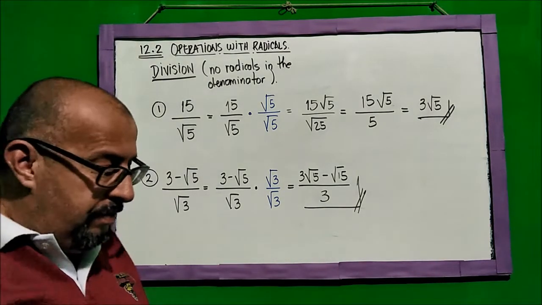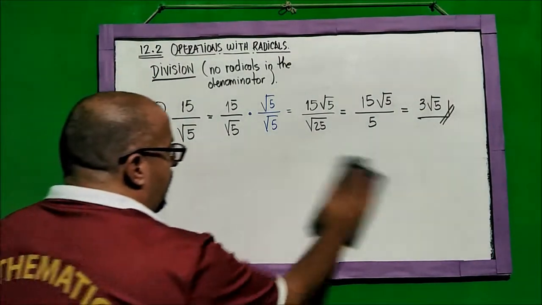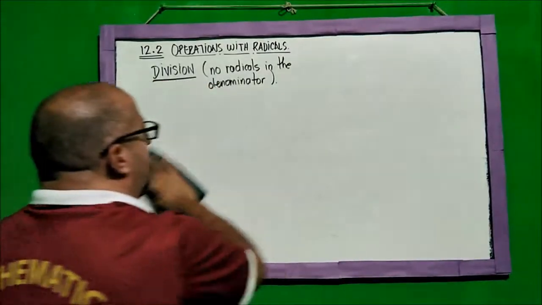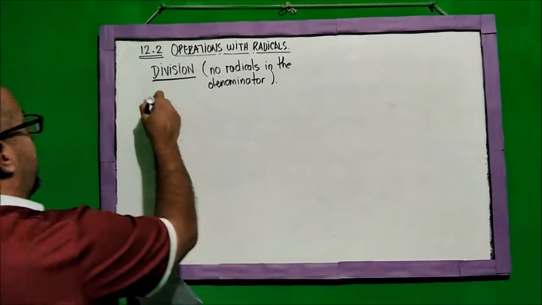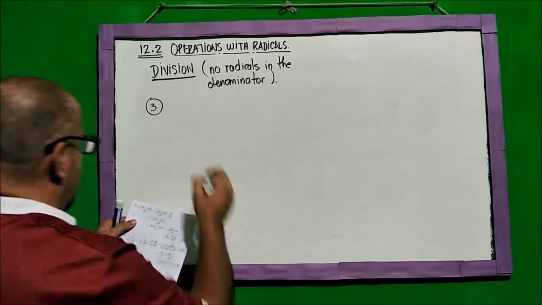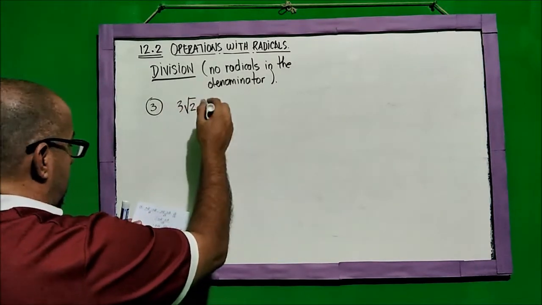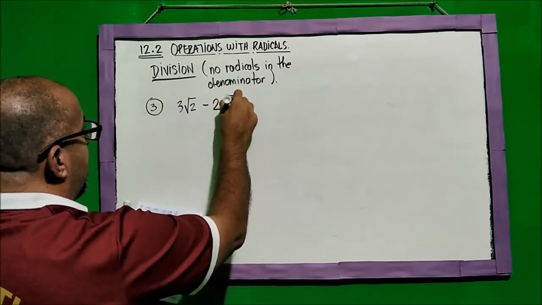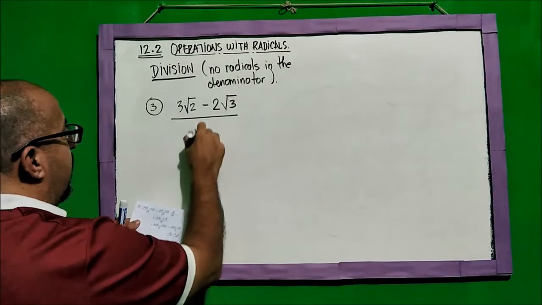Another type of problem that we're going to do is the following. Number 3 from division will be 3 square root of 2 minus 2 square root of 3 divided by the square root of 3.